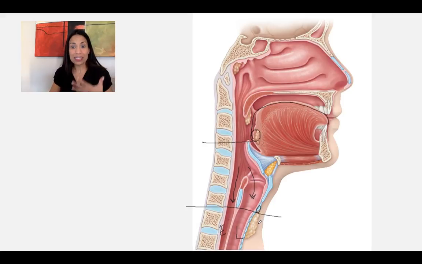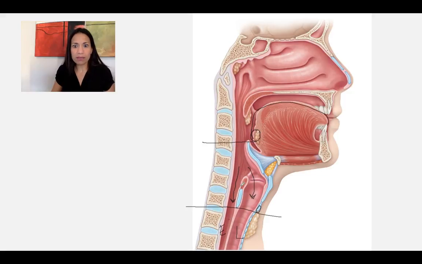So as you can see, all the sections of the pharynx are conducting air and food, except of course the nasopharynx. The nasopharynx is only conducting air, hopefully. But the oropharynx and the laryngopharynx are conducting air, but food as well.